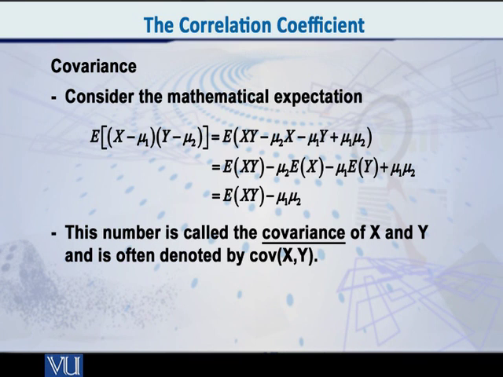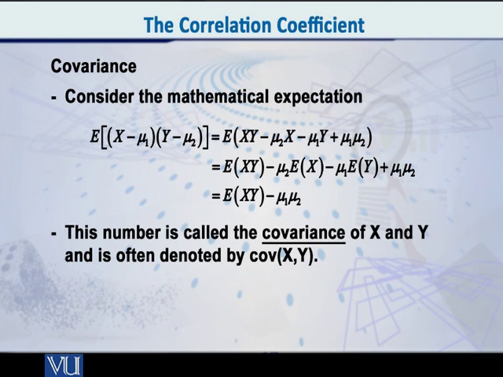The expected value of X minus mu1 into Y minus mu2 is called the covariance of X and Y, and it is denoted by COV and then the bracket X comma Y.